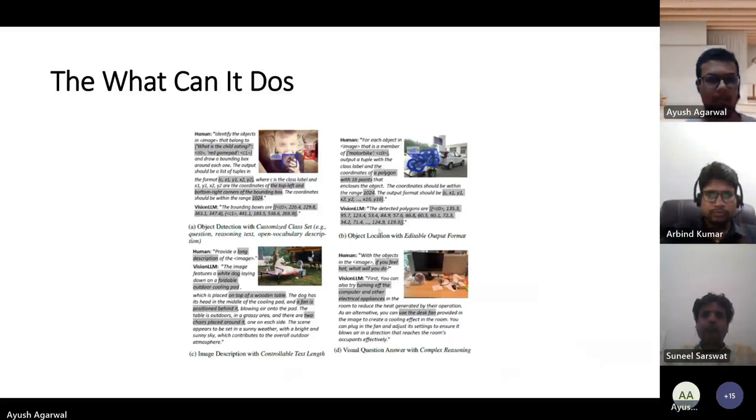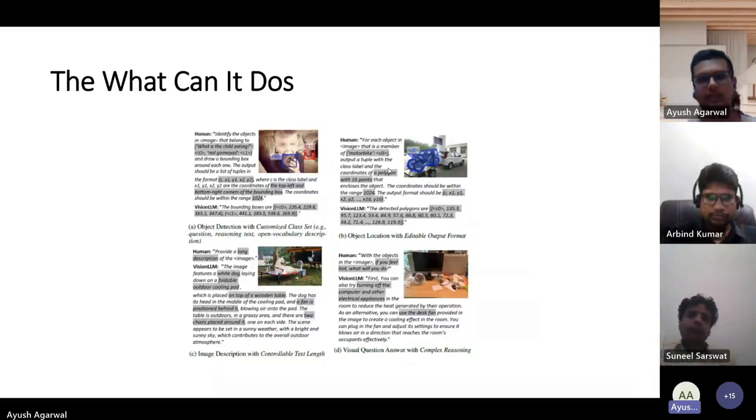Here are a few things this model can do. For example, this is object detection. You can ask it, I'm giving you this image, tell me what the child is eating, and draw the bounding box around each of these, give me where the object is present. So the Vision LLM will return which object is present where.